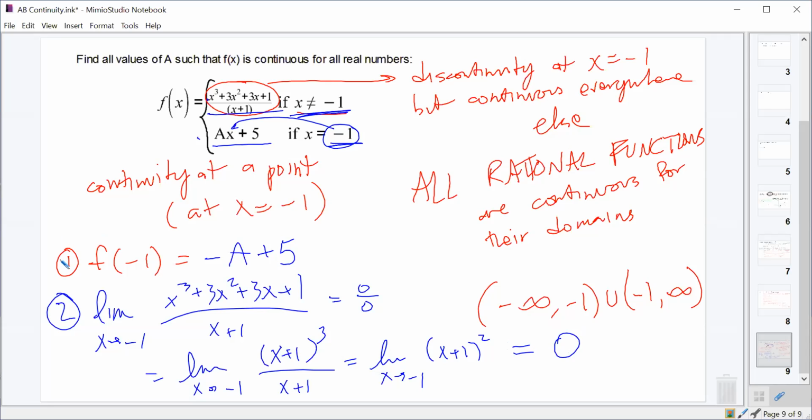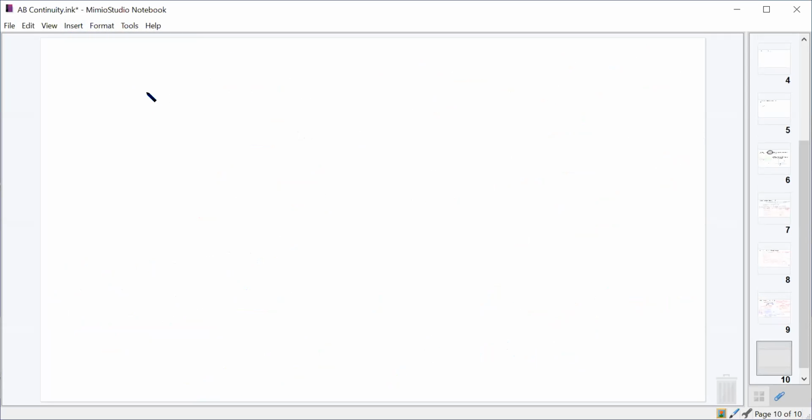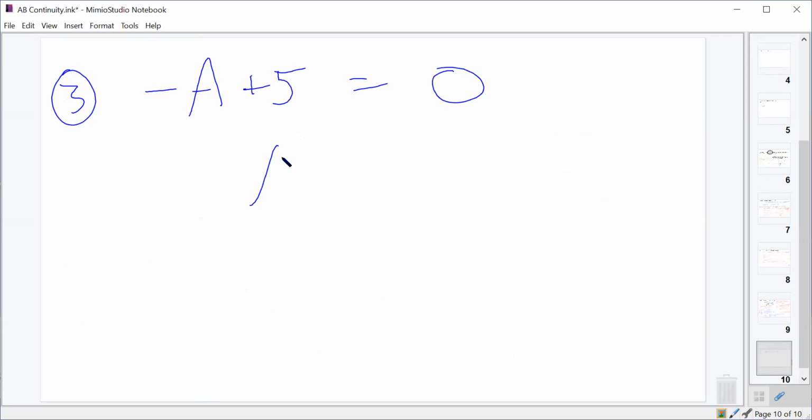So criteria 1 has been met, criteria 2 has been met, right? F of -1 exists, and the limit as x approaches -1 exists. Criteria 3 says the first one, -a plus 5, needs to equal the second one. And that just gives us a equals what? 5.